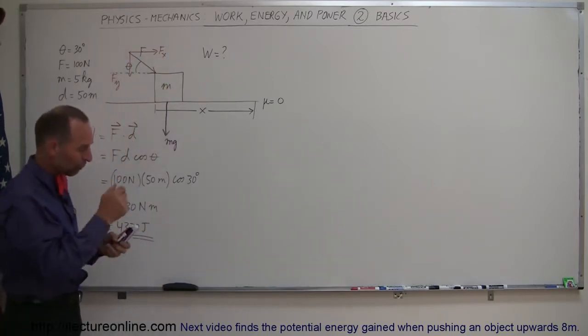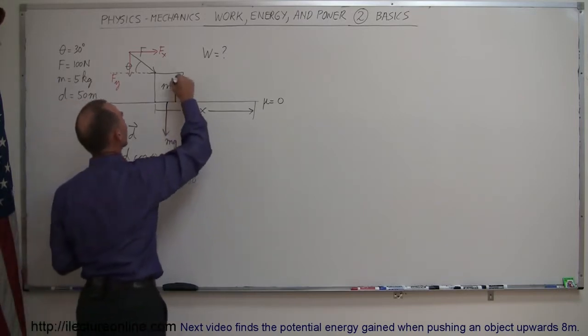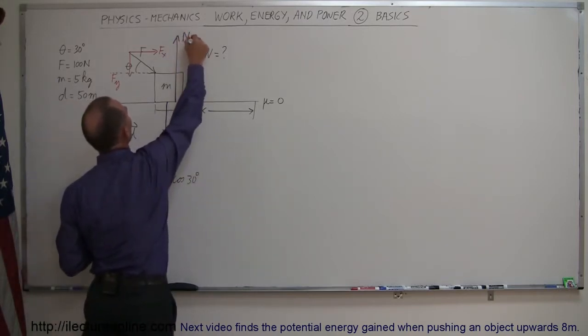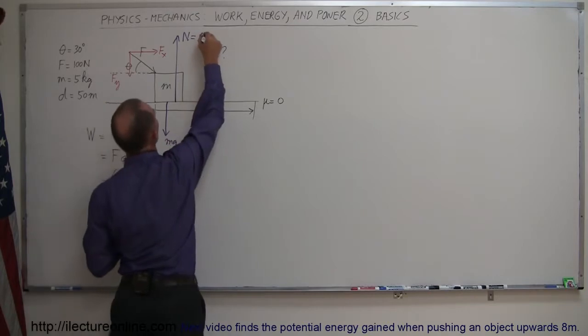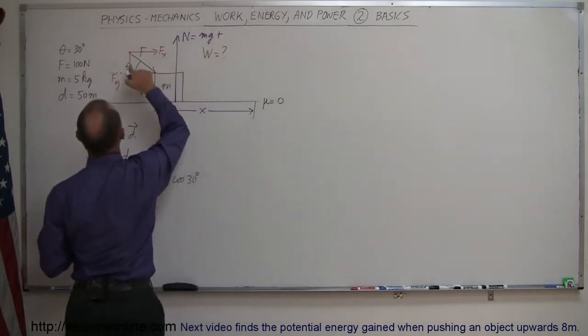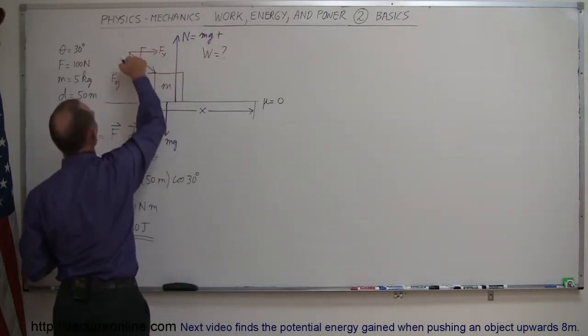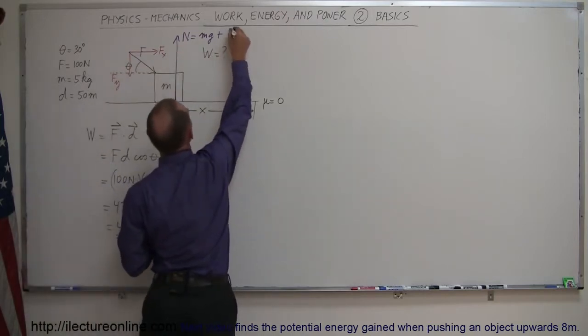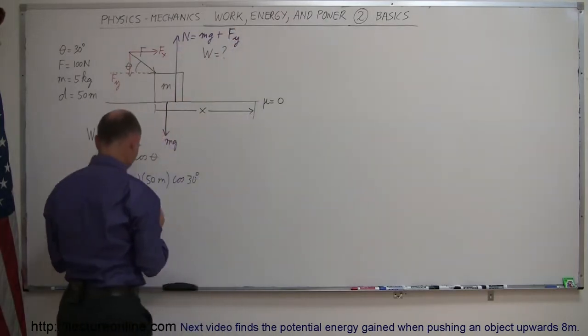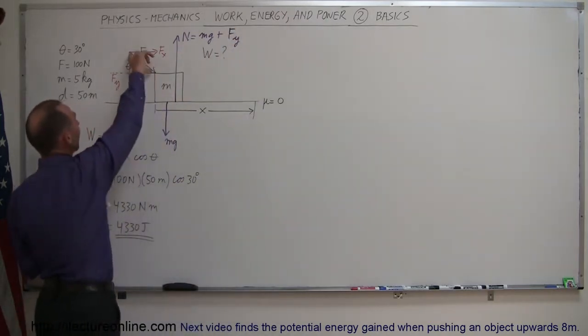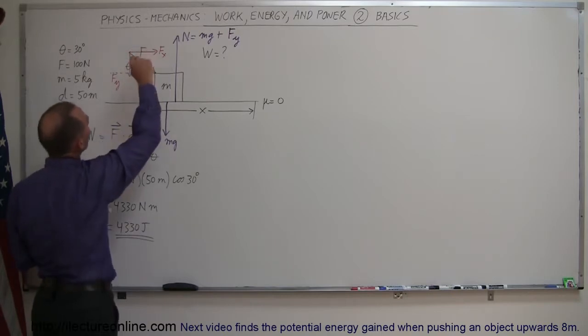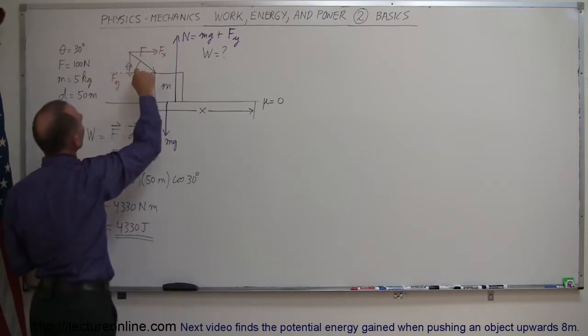So now we have a normal force pushing back, and the normal force here will be the sum of the weight of the block plus the component of the force pushing the block downward, F sub y. And of course, F sub y can be found by taking F times the sine of the angle, because it's the opposite side to the angle.